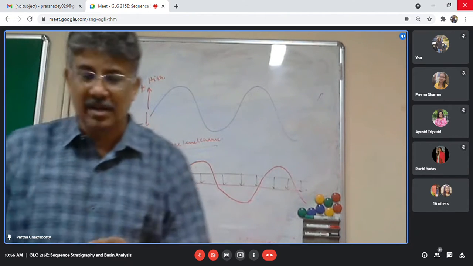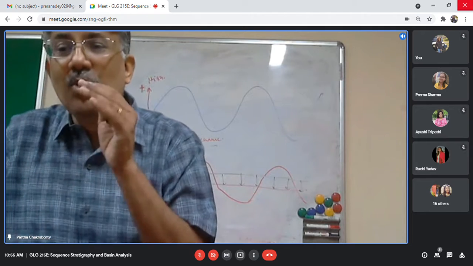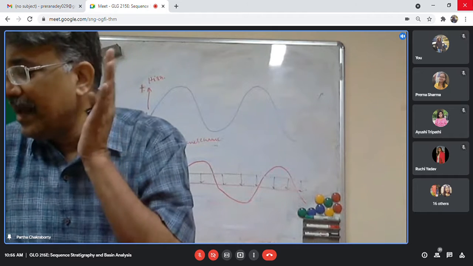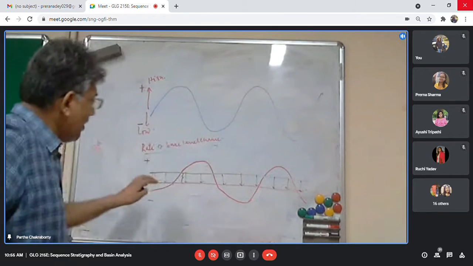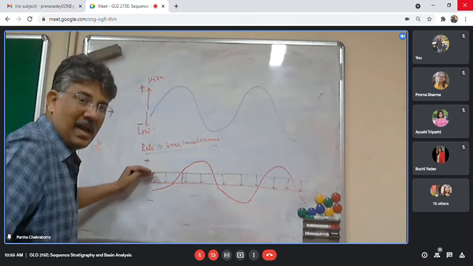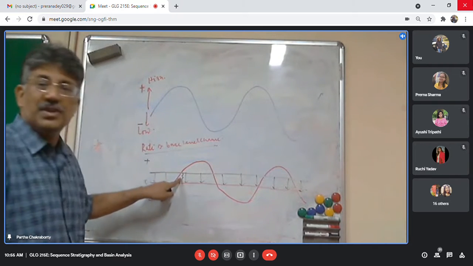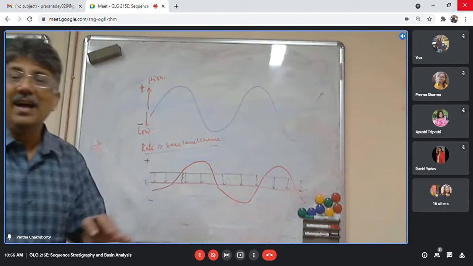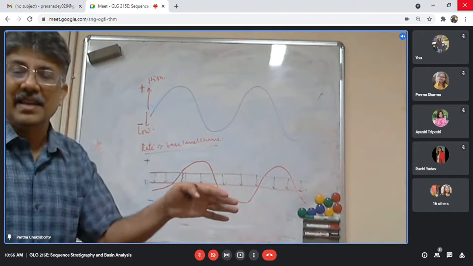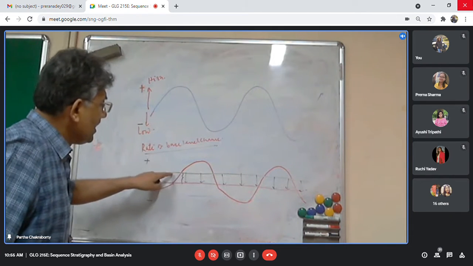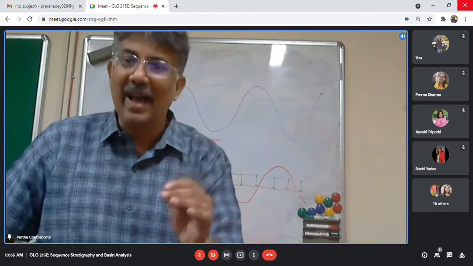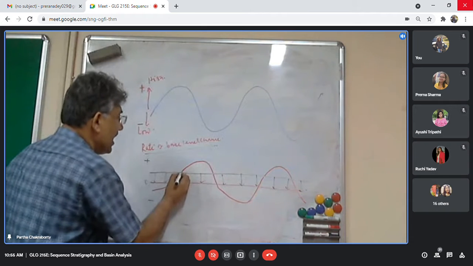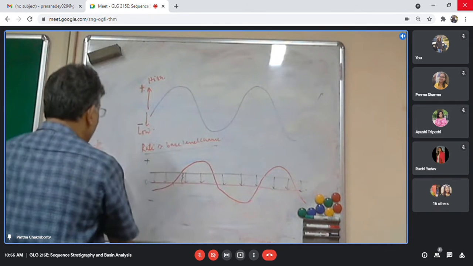So what does it mean? Your curve on the positive side means you are generating a positive accommodation. Remember, be very, very clear. When your curve is on the positive side of the equilibrium line, you are actually generating a positive accommodation. But your sedimentation is higher than the rate of accommodation you are generating. Your sedimentation is always keeping pace with or higher than the rate of accommodation till you reach here.